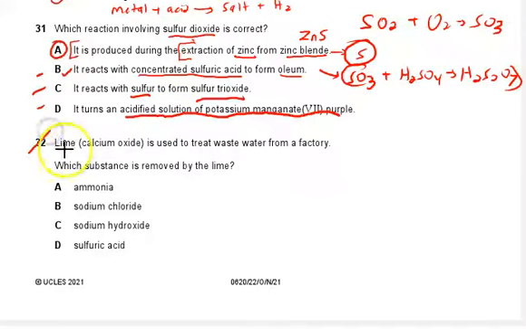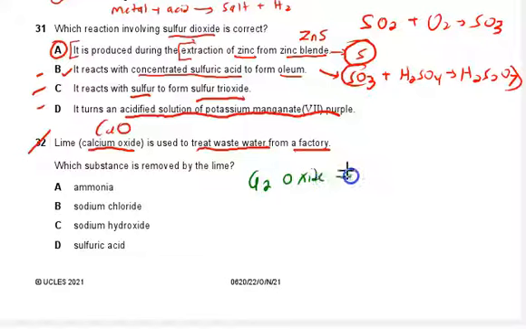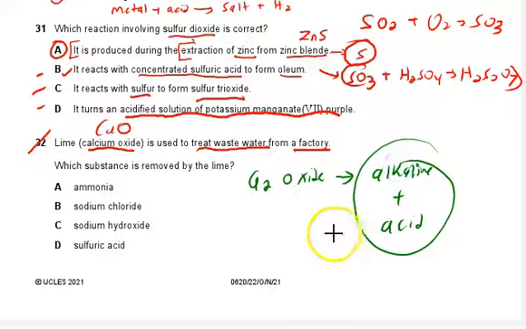Now number 32. Lime, calcium oxide, is used to treat wastewater from a factory. Which substance is removed by the lime? In case you have forgotten the function of lime, calcium is in group 2. So a group 2 oxide is alkaline by nature. When you have an alkaline plus an acid, that's how you form neutralization.